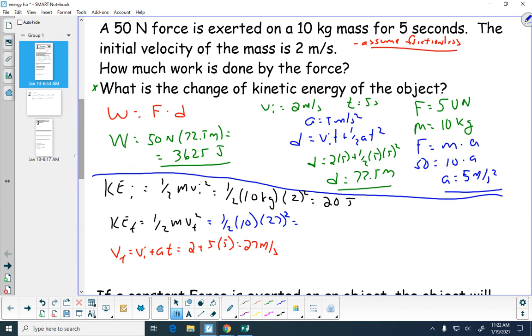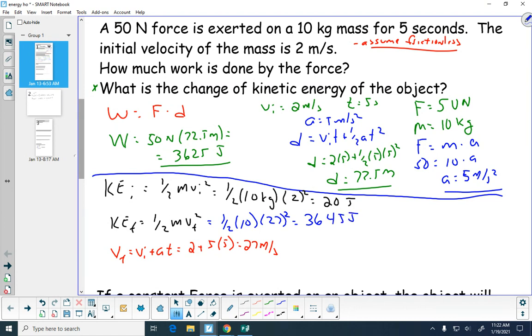Lucas, what's your final kinetic energy? 1/2 times 10 times 27 squared. Bennett, what did you come up with? 3,645.